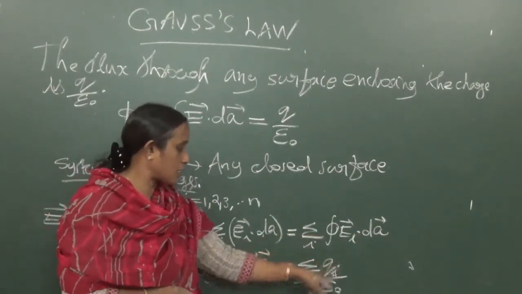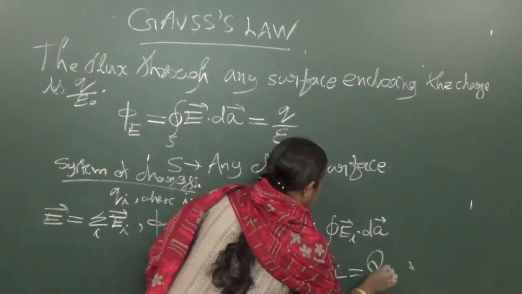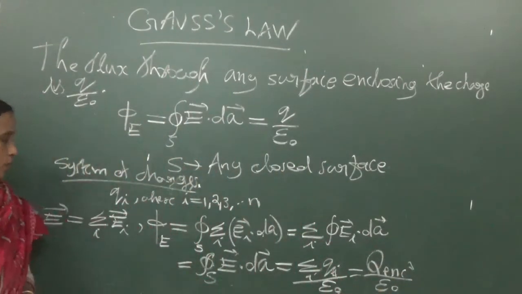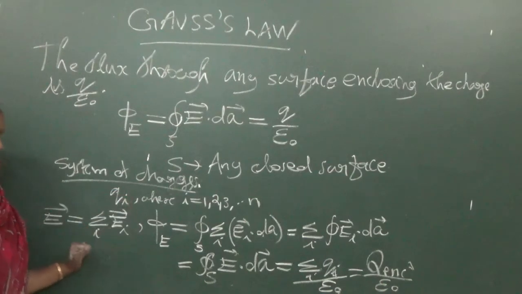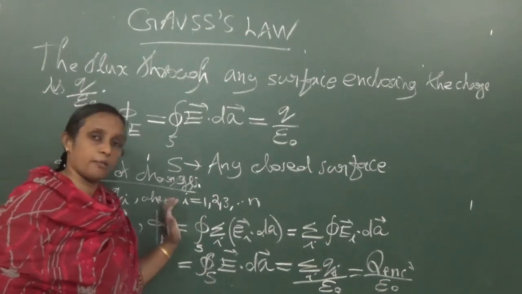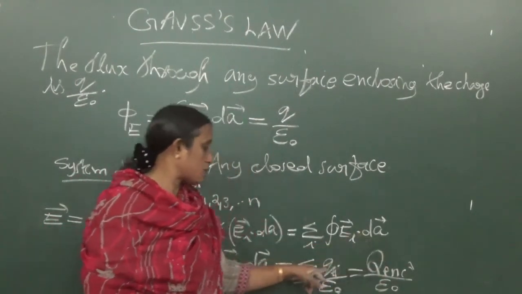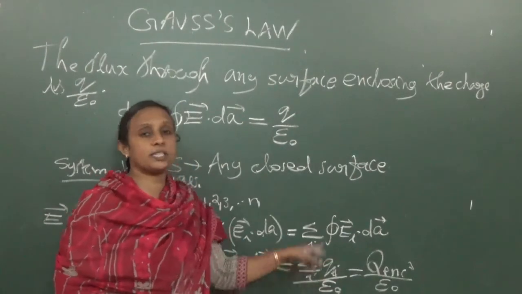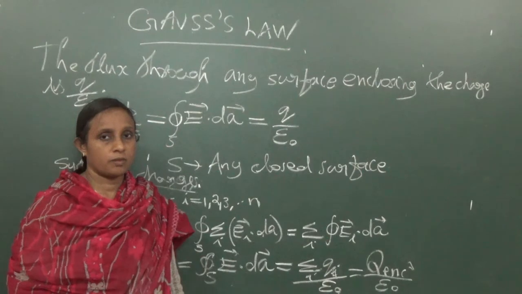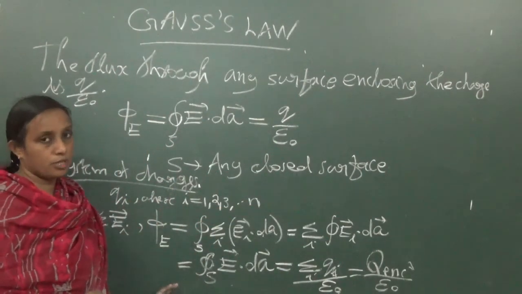This summation runs over all these terms and you get total charge enclosed by epsilon 0. So for a system of charges, the electric flux through any given closed surface is given by the charge enclosed by epsilon 0. This charge enclosed is obtained by adding all the charges inside the surface. This is Gauss's law for a system of charges.